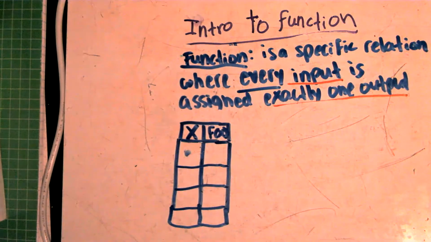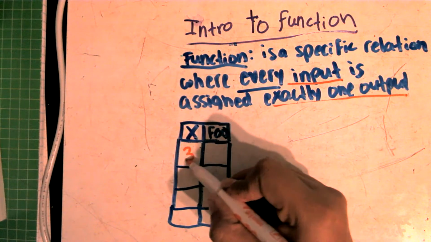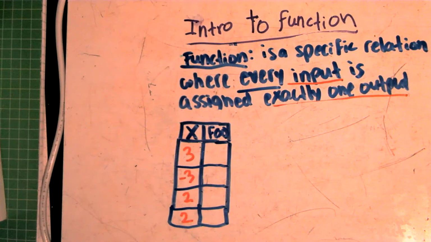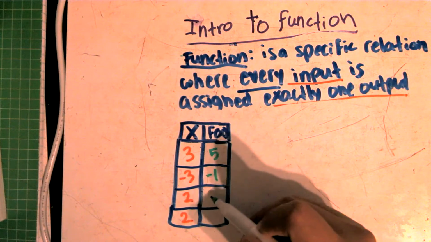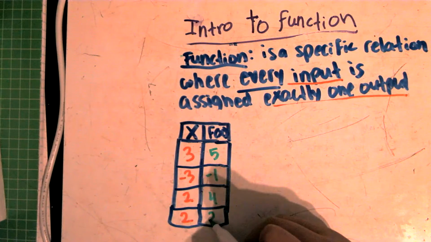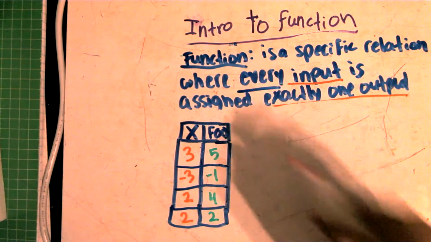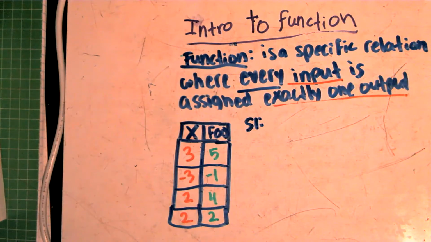Let me do different colors. So first we're going to do what we did earlier. We're going to do step one. We're going to list out all the elements in the set of the domain.